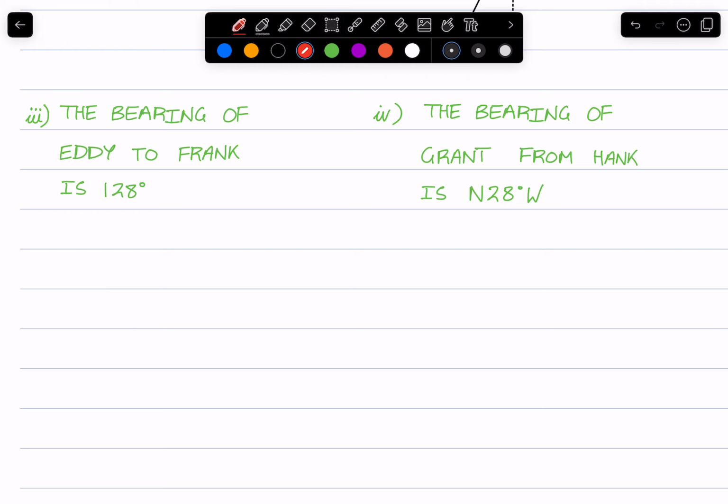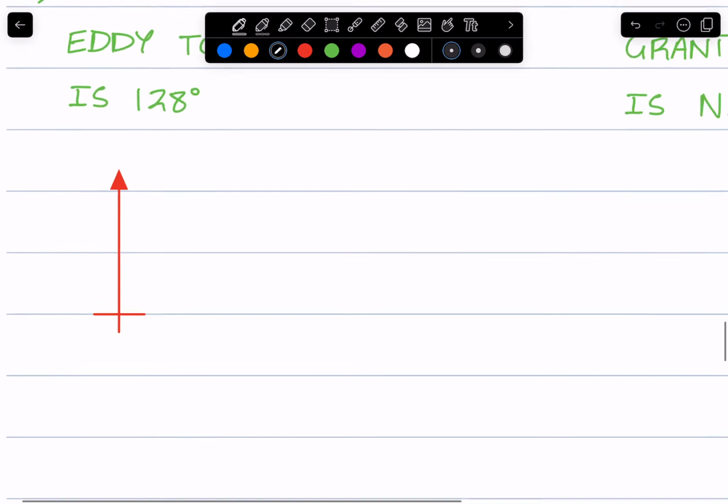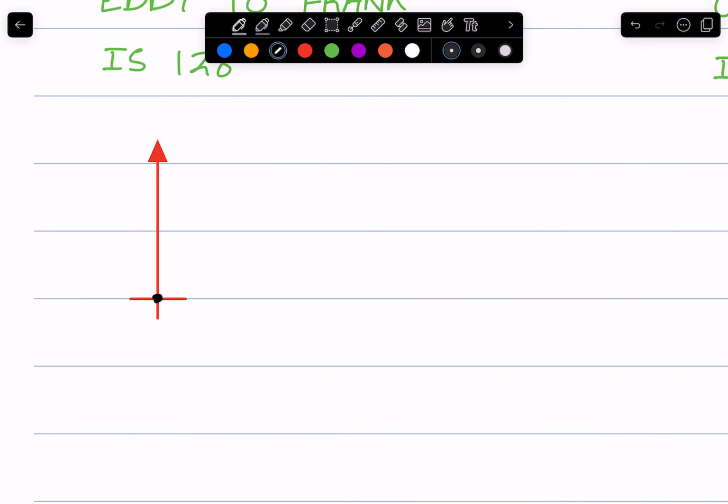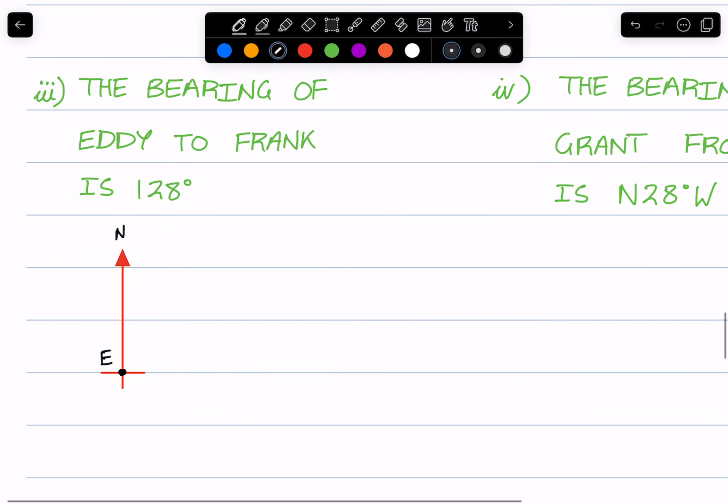So for this, we always draw the compass because we know it's bearings. In this instance, Eddie is in the center because it's of Eddie to Frank. So Eddie is going to be standing here in the middle. North is here. And it says the bearing of Eddie to Frank is 128 degrees.